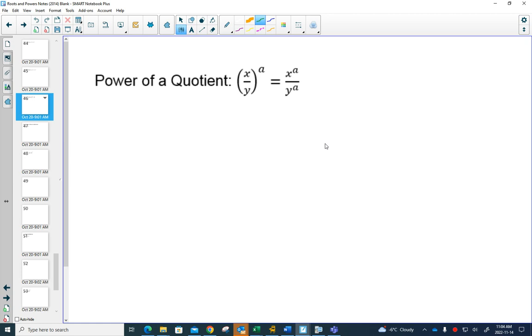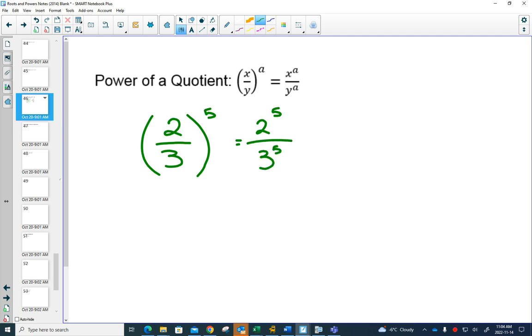Now, what we did here is we checked, first of all, we did an example with numbers. If you had 2/3 to the 5, according to this rule, this means you have 2 to the 5 and 3 to the 5.